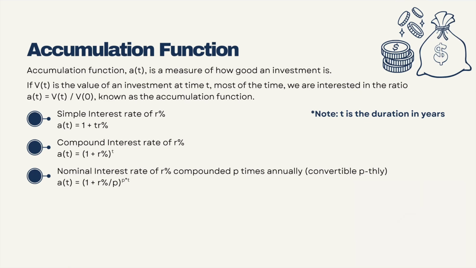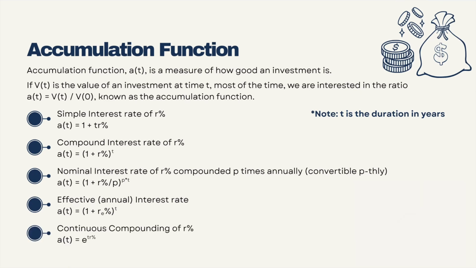Over here, p is the number of times the interest rate is compounded annually. Next, we have effective annual interest rate, in which case the accumulation function is (1 plus the effective interest rate) to the power of t. And finally, we have continuous compounding, where the accumulation function is simply e raised to the power of t multiplied by r.